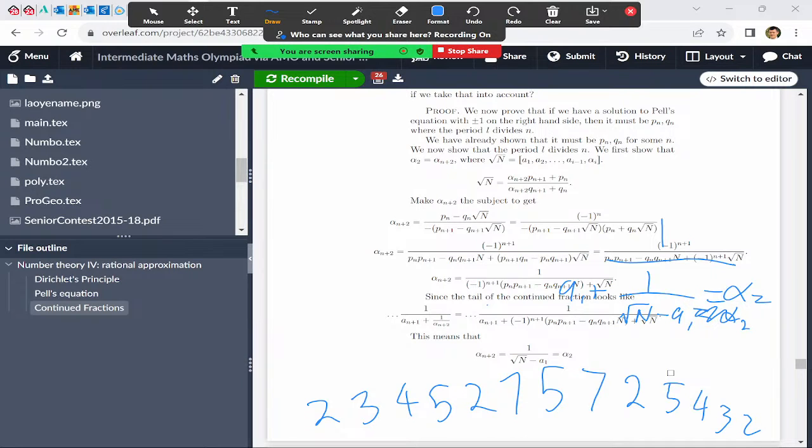Each alpha you get would be unique, right? Because alpha determines the whole lot. If an alpha repeats, then the sequence starts repeating. Oh, okay. So if each alpha is unique, that wouldn't work, right? Yeah, it would be different. You need the 2, 3, 2. Okay.